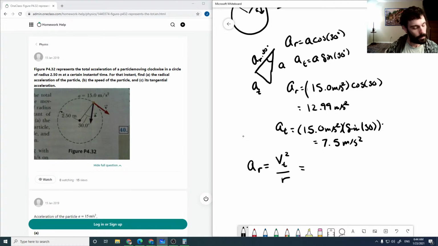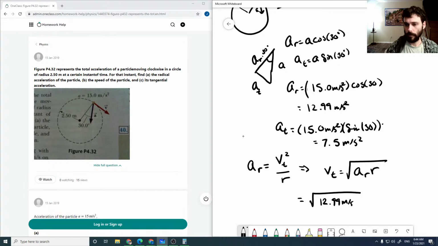So then our tangential velocity is the square root of A_R times R, which we already solved as 12.99 times 2.5 meters, which is 5.70 meters per second.